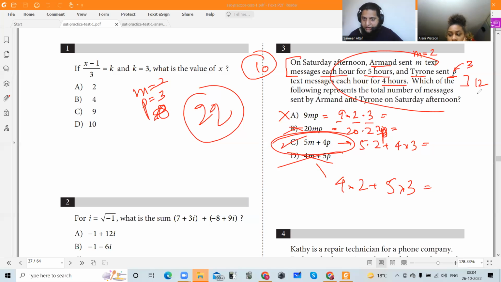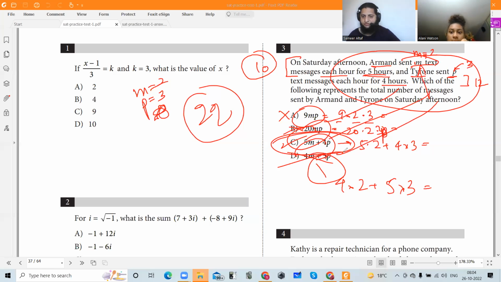wherever you have variables in the questions and variables in the answers. Sometimes it also becomes easier to write it in variable form, but a person gets stuck somewhere and is not clear what to do. At that time, it becomes easy to plug in numbers for the variables m and p and check which option gives you the answer you need, right?